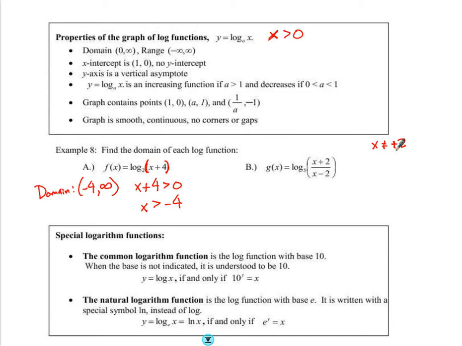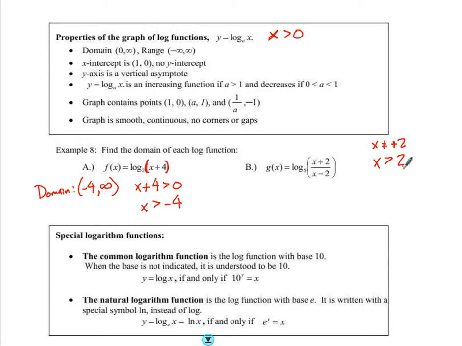Now, can I ever get too far negative? We said there's a problem at negative 2, right? What happens at negative 3? It's positive again. Which is a very strange thing for logs because you're not used to looking for the second part.